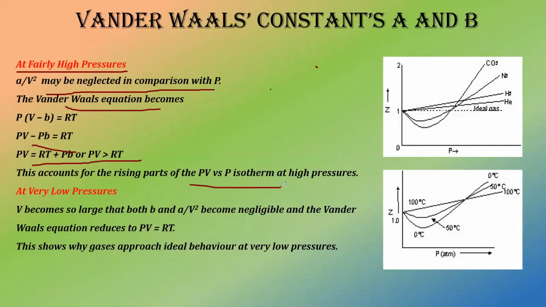At very high pressures, P becomes so large that both b and a/V^2 become negligible, and the Van der Waals equation reduces to PV = nRT.